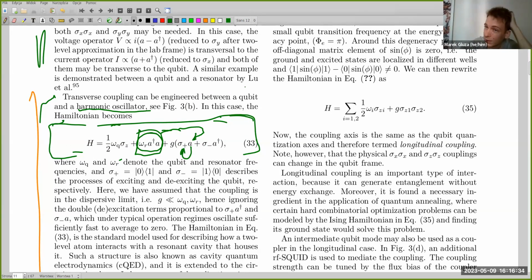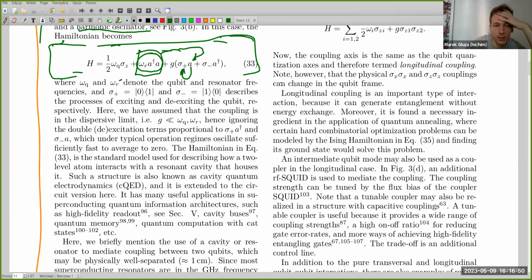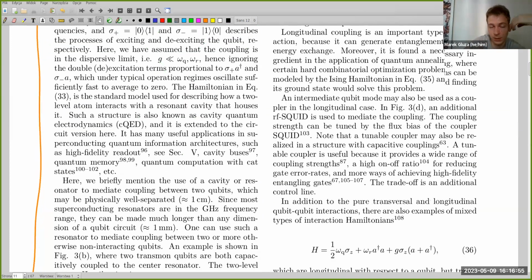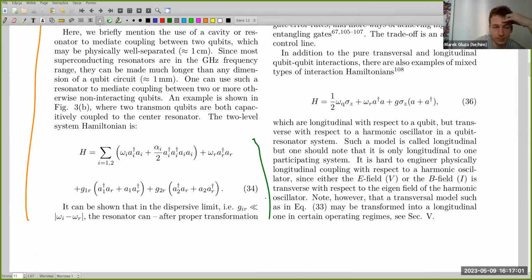Now you see that I was able to maybe argue that this will become a little bit more controllable, but it's not really allowing me to fully control the whole thing yet. That will be a longer story. I guess then you just continue reading. That will be more or less what this text will be describing, that this is more or less the goal, to be able to understand how to control and move around the qubits.